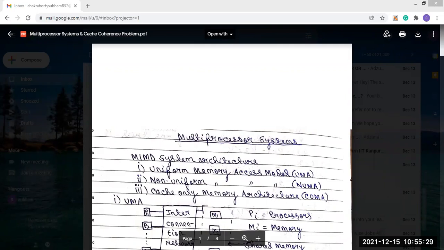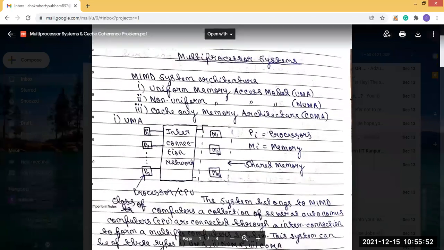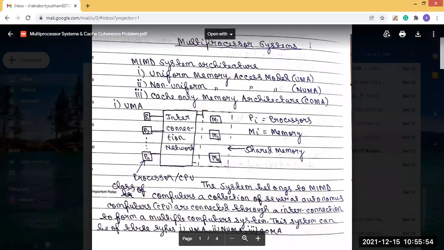And the third one is the cache only memory architecture, or we can say COMA. So UMA, NUMA and COMA, these are the three types of MIMD system architecture. Now we will discuss each architecture one by one. First we will discuss UMA, that is the Uniform Memory Access Model.